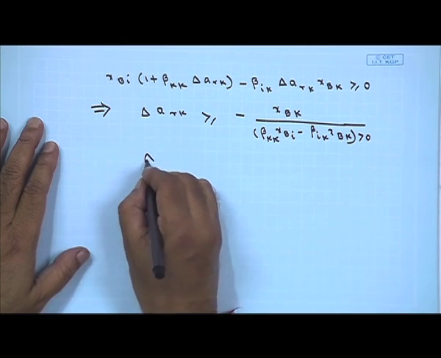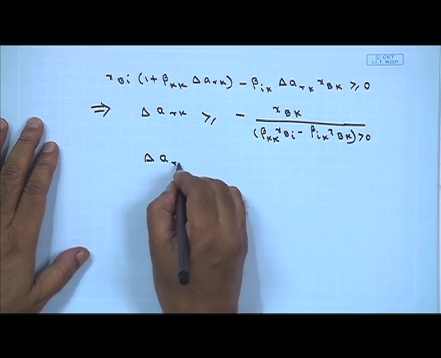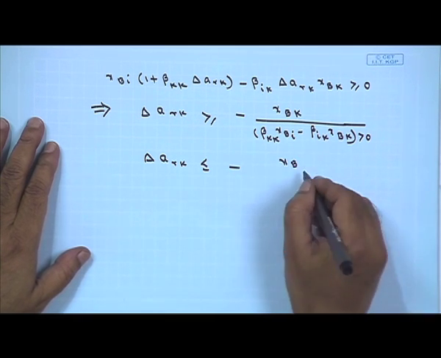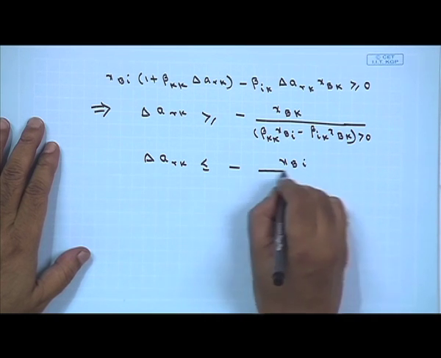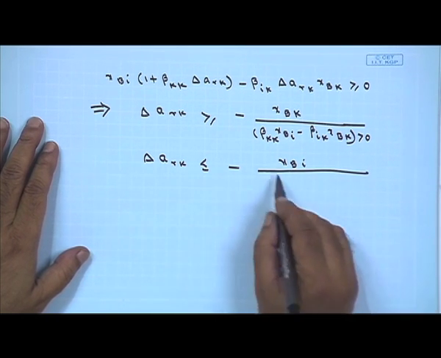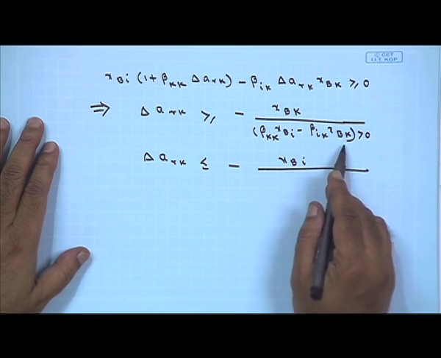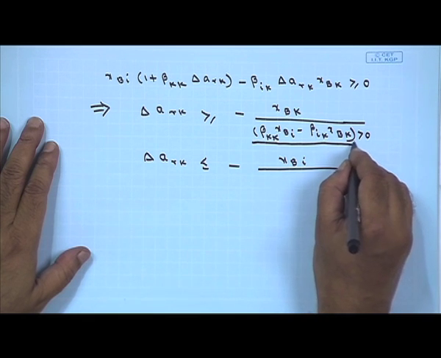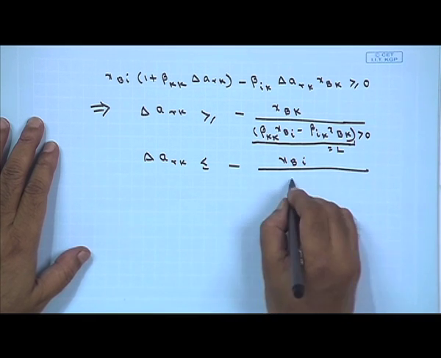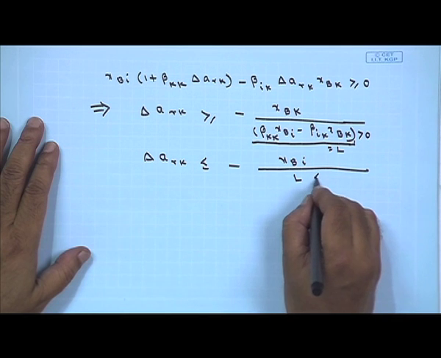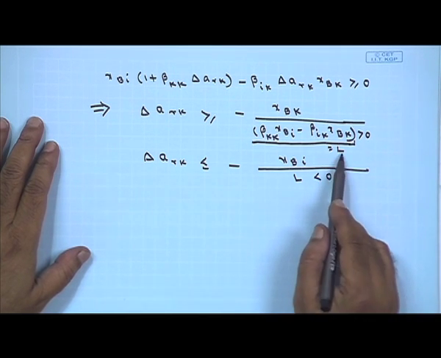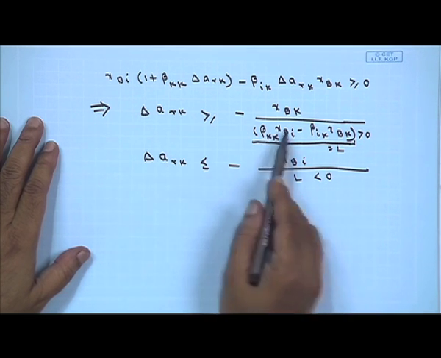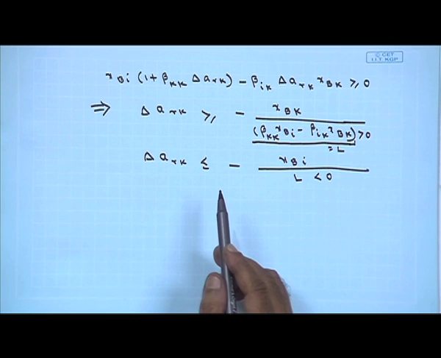And similarly, delta a r k will be less than or equal to minus x b i divided by beta k k x b i minus beta i k into x b k. If I assume this value equals capital L, then this L should be less than 0. I am assuming the denominator is the same, so delta a r k is greater than or equal to 0, and delta a r k is less than or equal to 0.